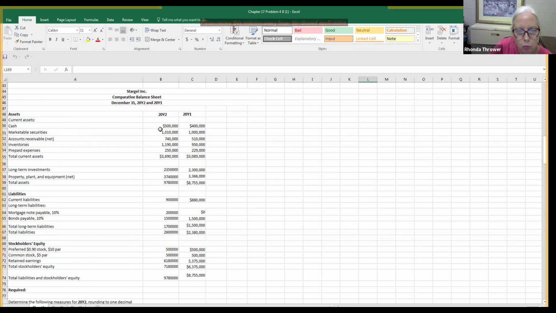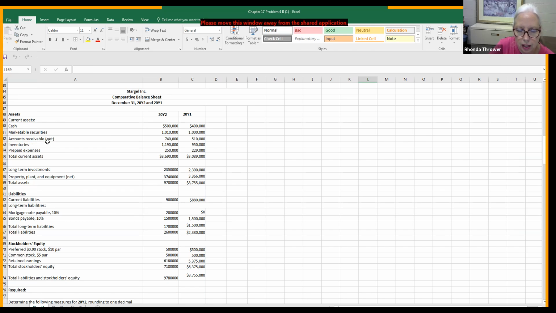In this problem, we're going to measure only what happens in the year 2000 Y2. But your current assets consist of cash, marketable securities, which are sometimes referred to as temporary investments, your accounts receivable. Notice they put the net amount here.